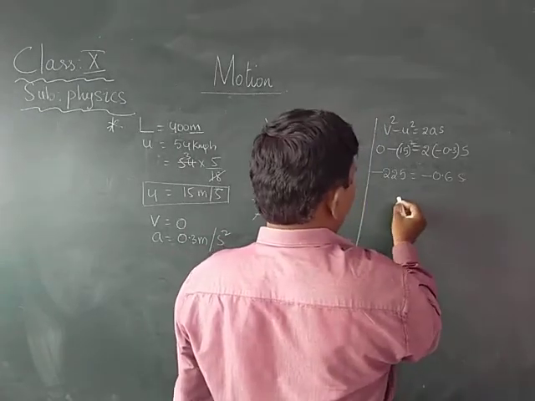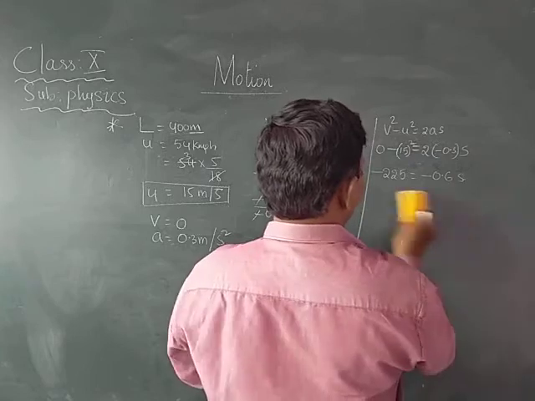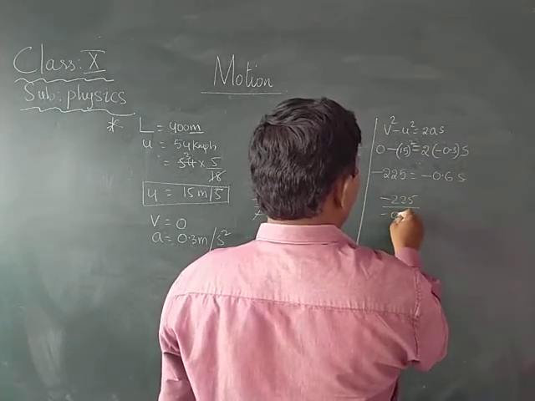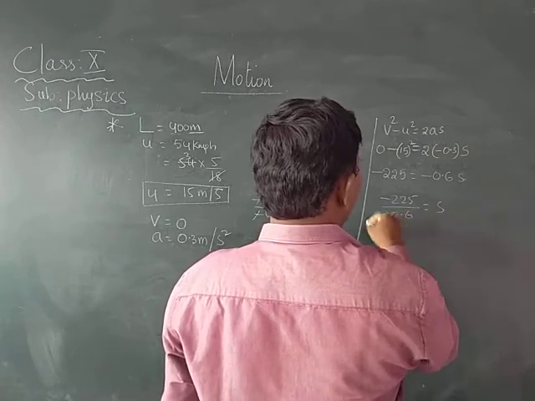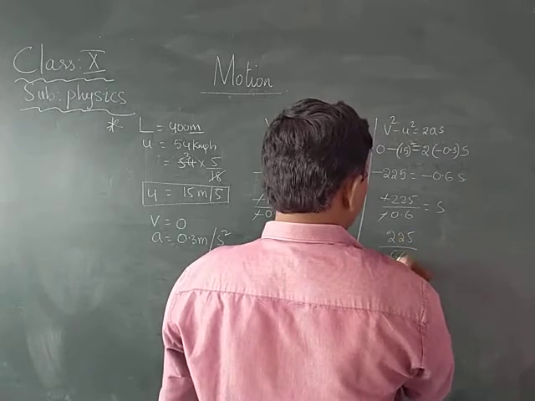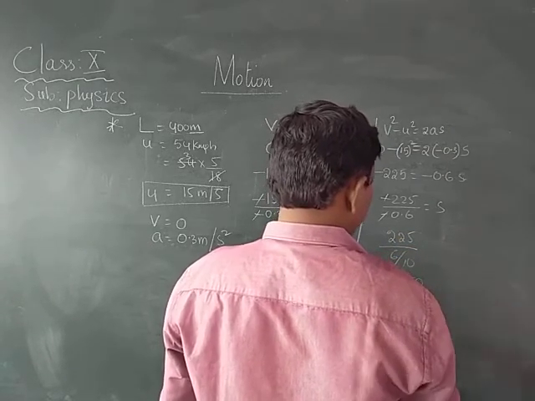Therefore, we want to find s. Minus 225 by minus 0.6 is equal to s. The minuses cancel. 225 by 6 by 10, that is equal to 2250 by 6.